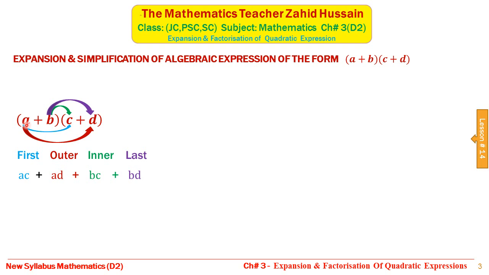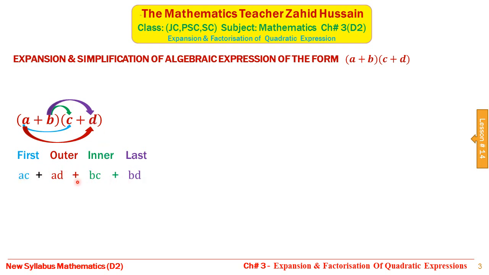So simply you can say the rule to expand expression with two brackets is that we take the first term and multiply this term with each term of the second bracket. Then we take the second term and we multiply this with each term of the second bracket.